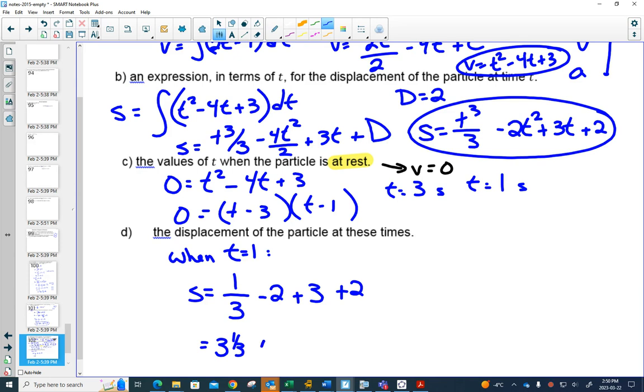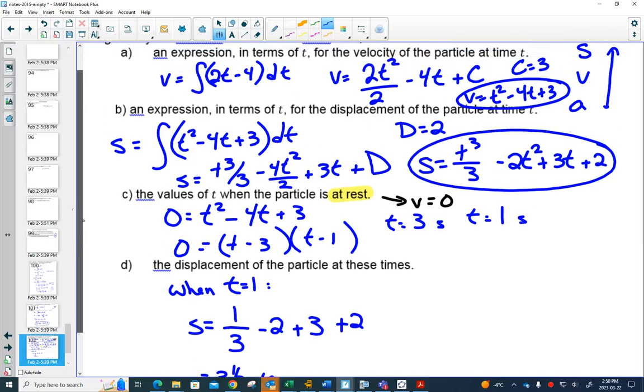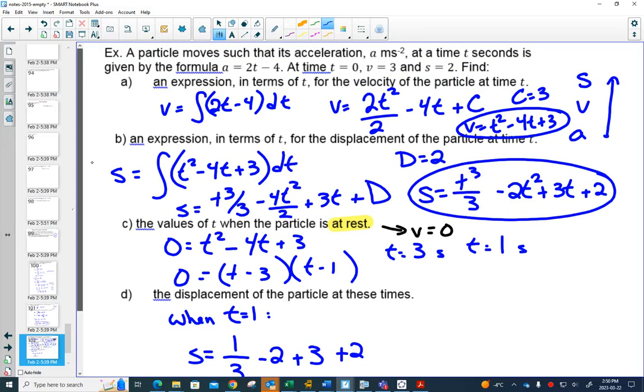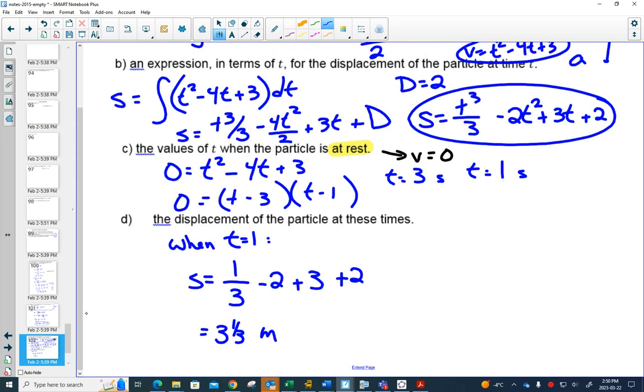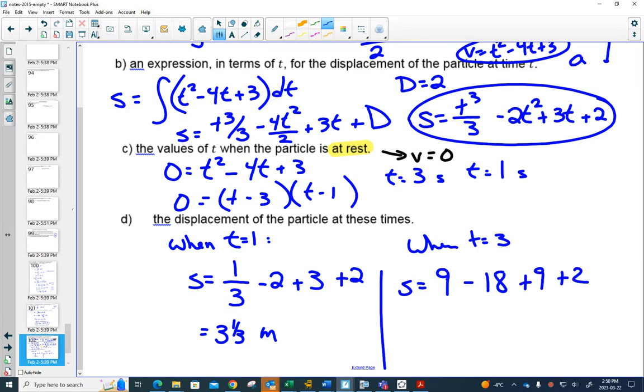And displacement, is that in meters? Yes. And when t equals 3, t cubed over 3 will be 9, minus 2 times 9 minus 18, plus 9 plus 2.